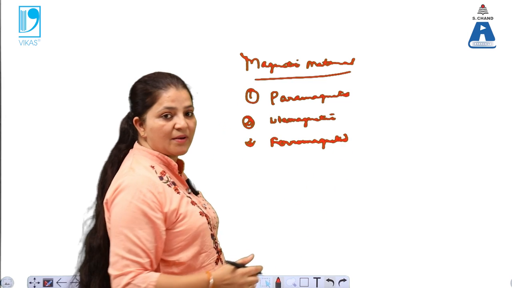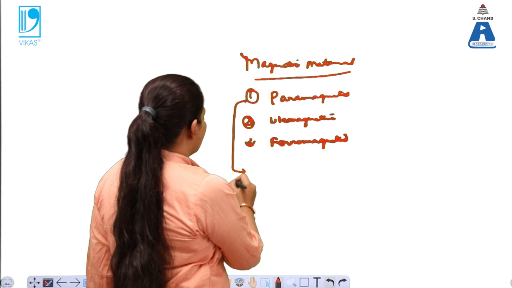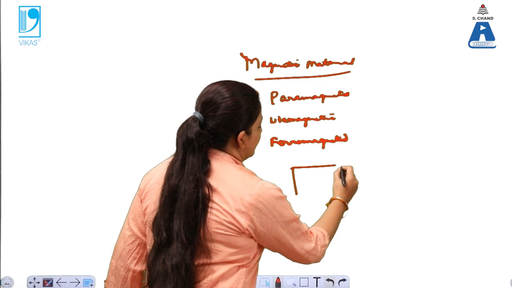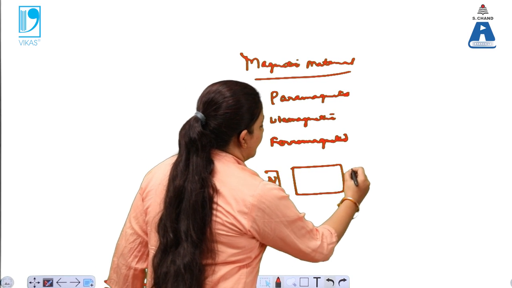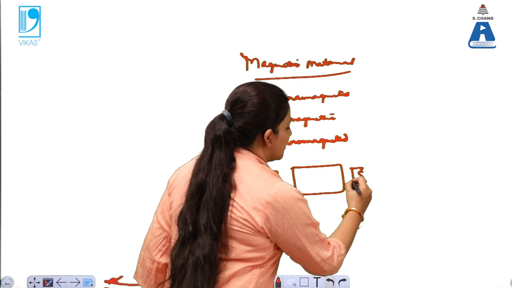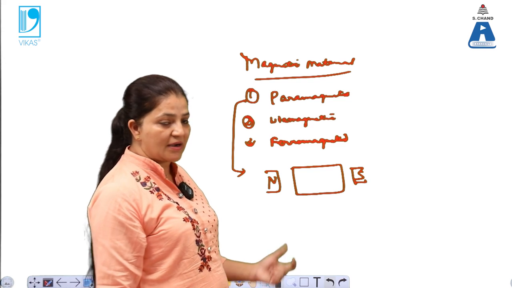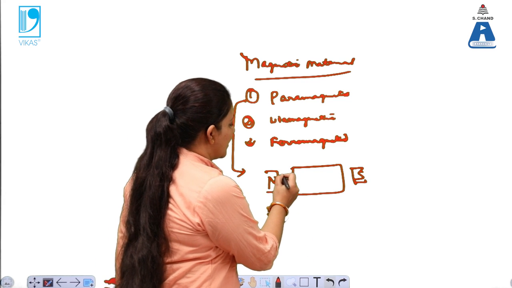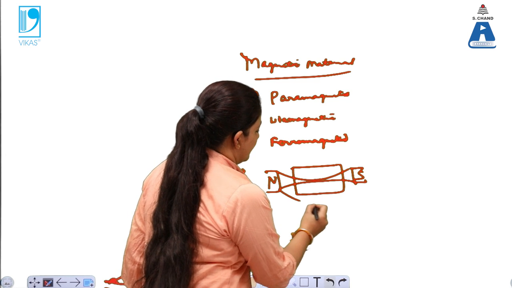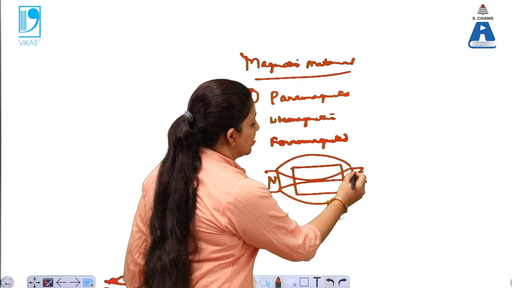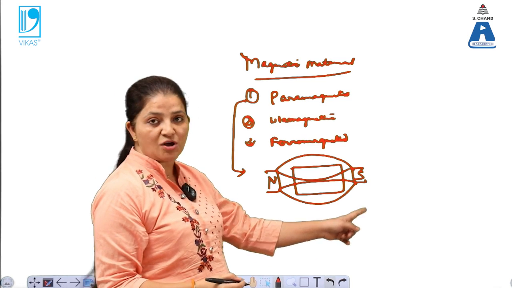Now what are the paramagnetic materials? If this is a material and the magnets are placed, we know that in magnets there are magnetic lines of force. In case of paramagnetic materials, some of the magnetic lines of force are crossing the material. We know that the magnetic lines of force originate from the north and end at the south pole.